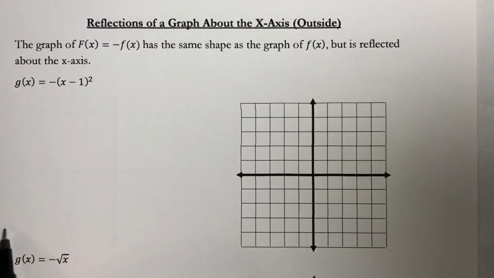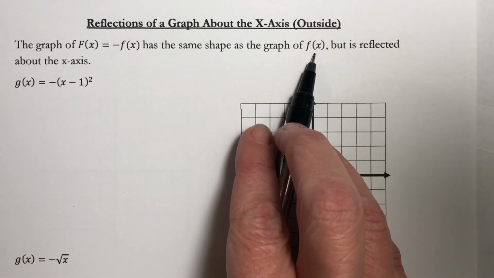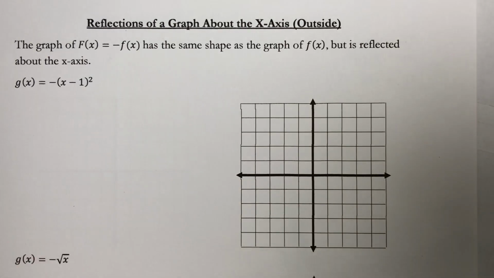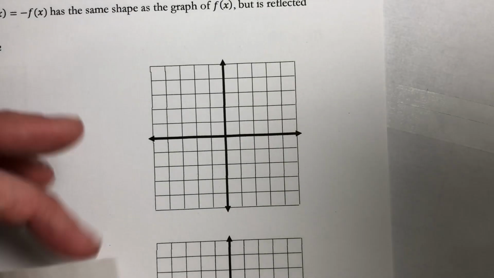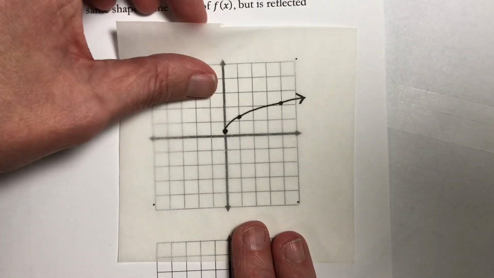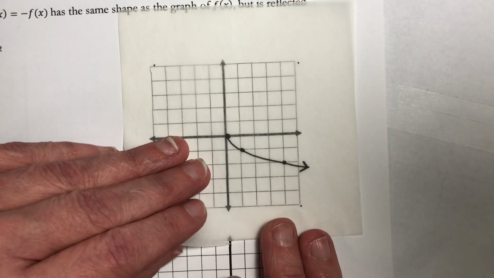It's outside. And if it's on the outside, then it's going to have the same shape of f(x), but is going to be reflected or flipped over the x-axis. So what I mean by that is if my graph initially looks like this, and I go to flip it across the x-axis, it becomes this.